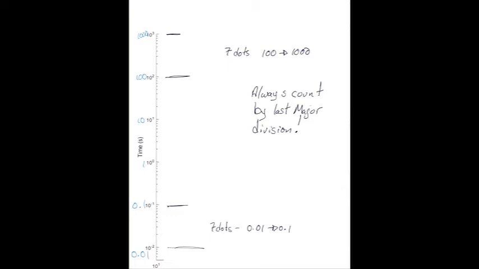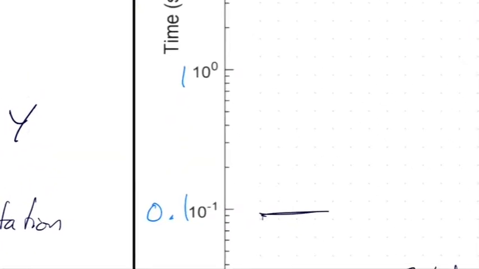So what does that mean? If we come in here and we zoom in, that means that here we're at 0.1, which makes this 0.2, 0.3, 0.4.